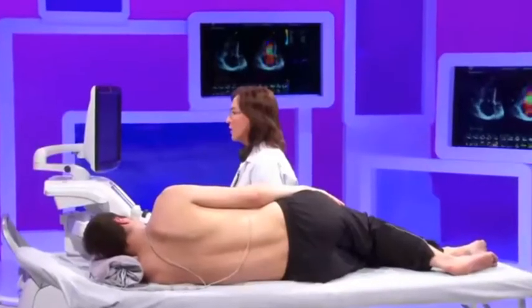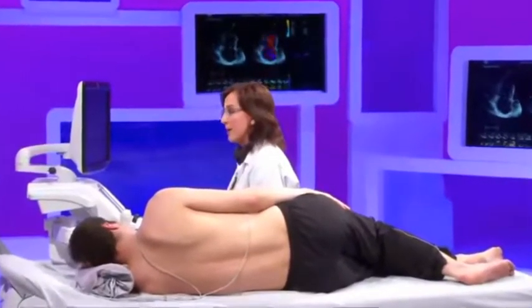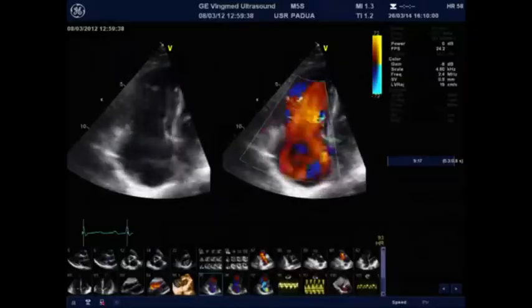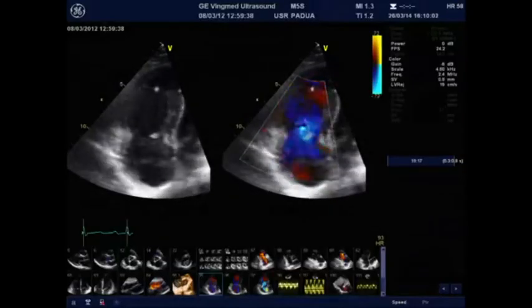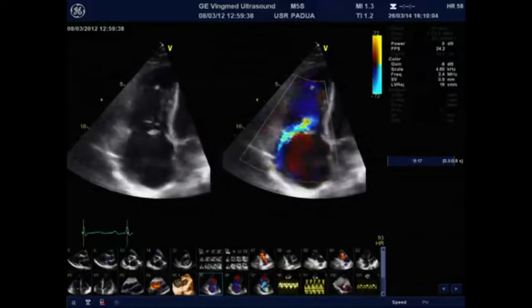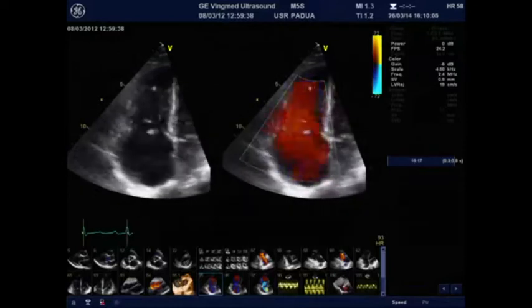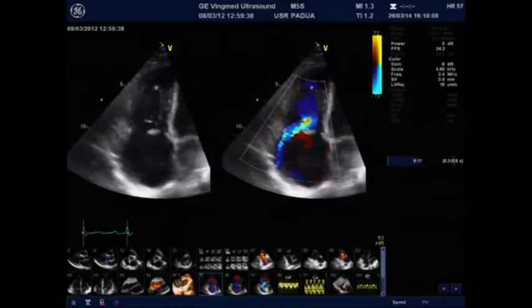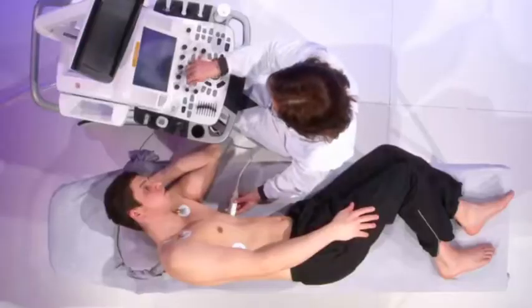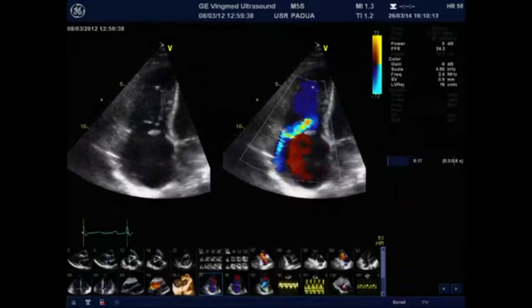So the color flow and the area of the jet in this highly eccentric jet are not recommended parameters to assess the severity of the tricuspid regurgitation. The second point is the fact that the color flow, as you can see here, for instance, if I change the gain of the color and I increase it, seems larger, and if I reduce it, it will seem significantly lower.